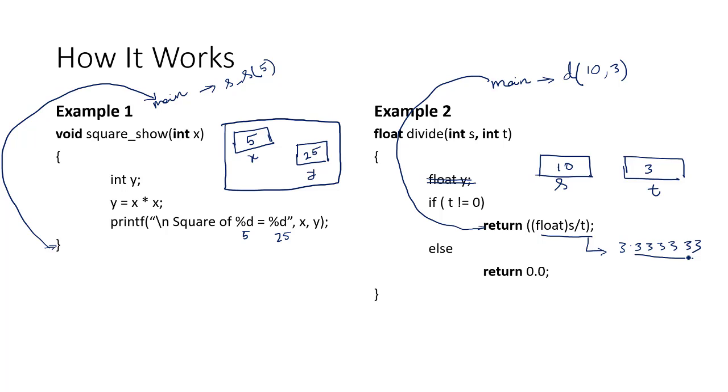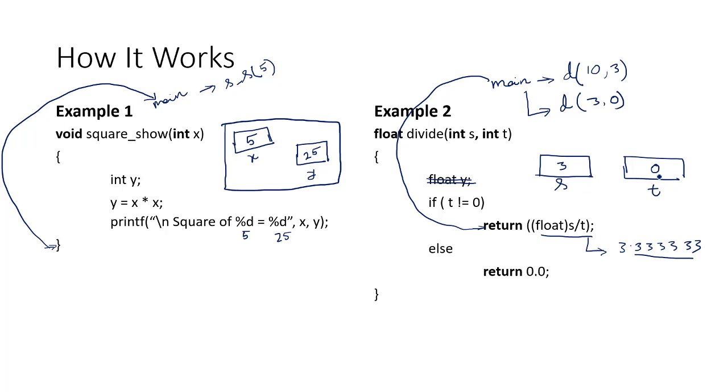Now, what if the main function calls the divide function with the parameters 3 and 0? In that case, the formal argument s will hold the value 3 and the formal argument t will hold the value 0.